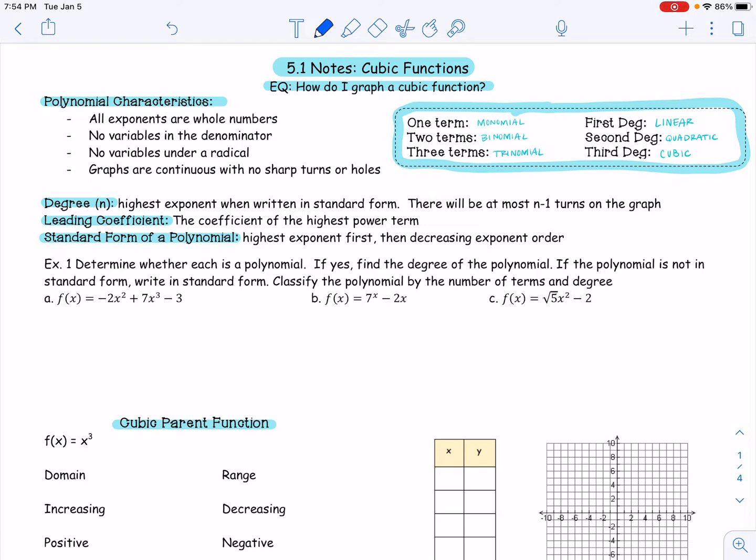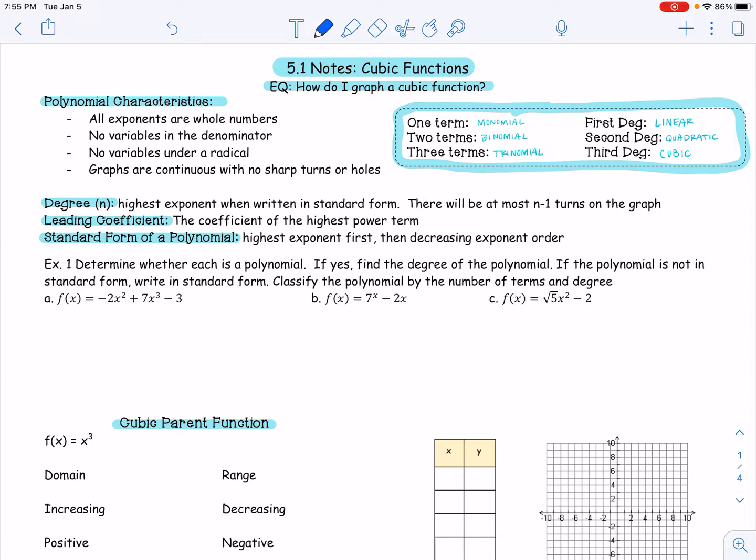So if you come across a polynomial that is a fraction, so you have a numerator and then a denominator, in your denominator there will be no variables. And if there are, we might have to move it, or maybe we just can't do that specific problem. There also will be no variables underneath a radical, a square root sign. We've been dealing with radicals before break, and we'll deal with them again, but there's going to be no variables underneath a radical for a polynomial.